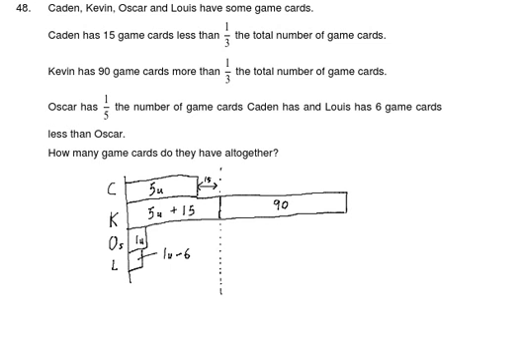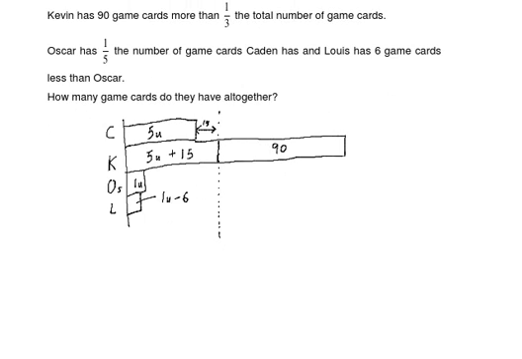Now, we need to know how many game cards they have altogether. From this model, let's just focus on the model, and we don't need to look at anything else.